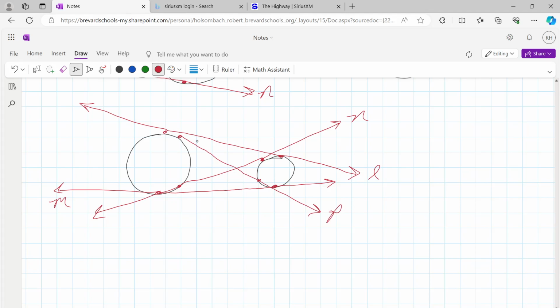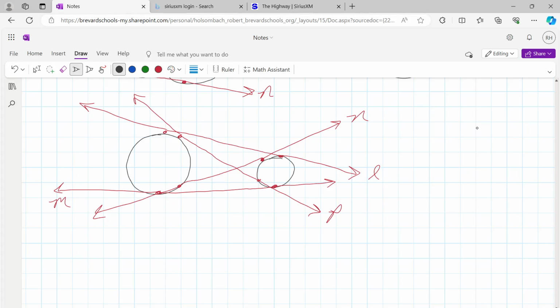So we'll call that line P. All right, so that's the way to draw common tangents. Basically, when the circles are separated, you're always going to have 4. When the circles are intersecting like that, you're probably going to just have 2.